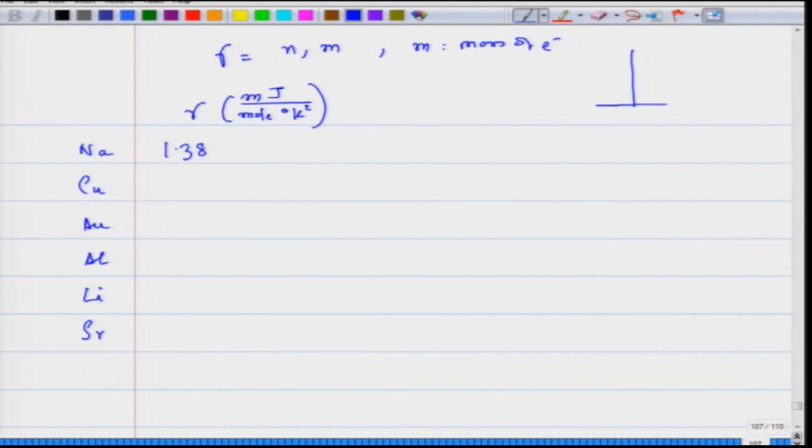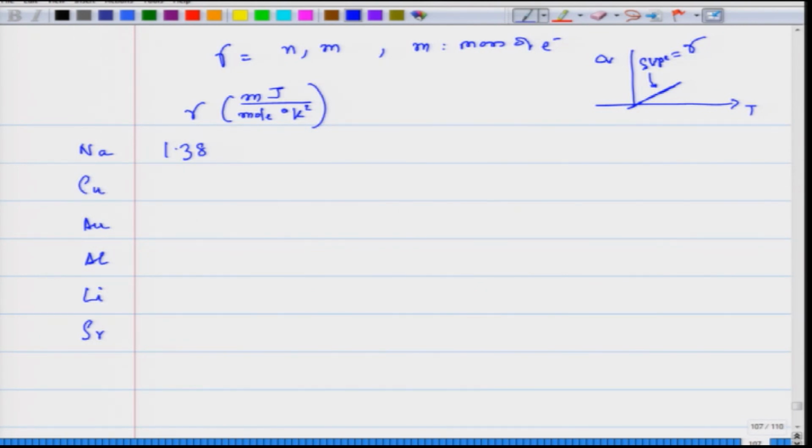For sodium, the value which you measure is 1.38. So, as I had said, if you go to low temperature and you measure the specific heat as a function of temperature, then at very low temperature there is a linear dependence of the specific heat. So, if you are very far away from the room temperature at very low temperatures, you will get this linear temperature dependence of the specific heat, which comes from the electrons inside the solid, and the slope is equal to the Sommerfeld's constant gamma.